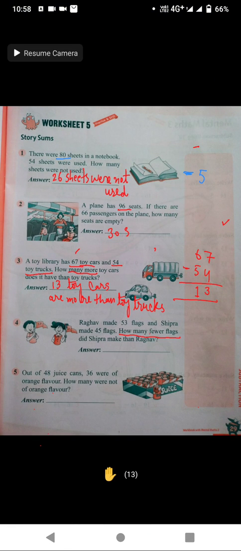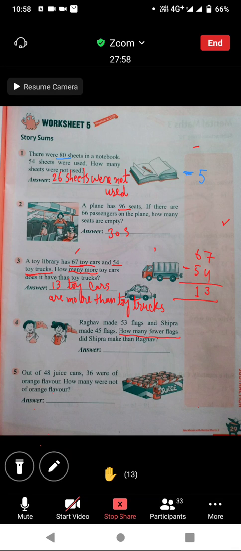So now students, let's move. Now come on page number 30, mental maths 3. Everyone open page number 30.